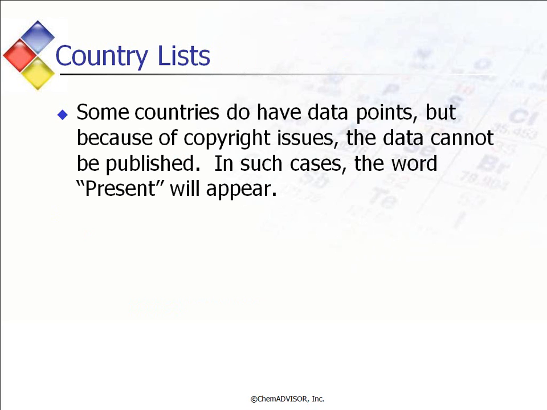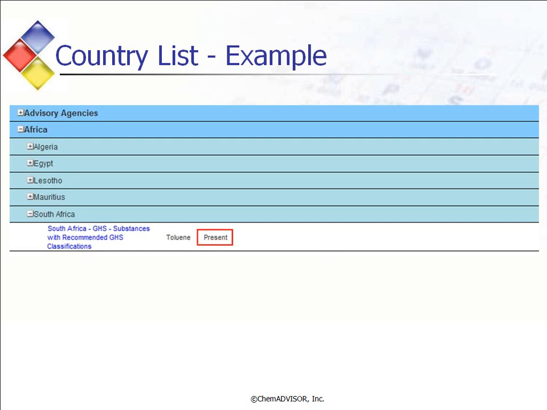Some countries have data points, but because of copyright issues, ChemAdvisor received permission to include the list but not include the data. And so in those cases, the word present will appear when we do the query. So for example, South Africa has GHS classifications, but we're not able to present the classification itself.